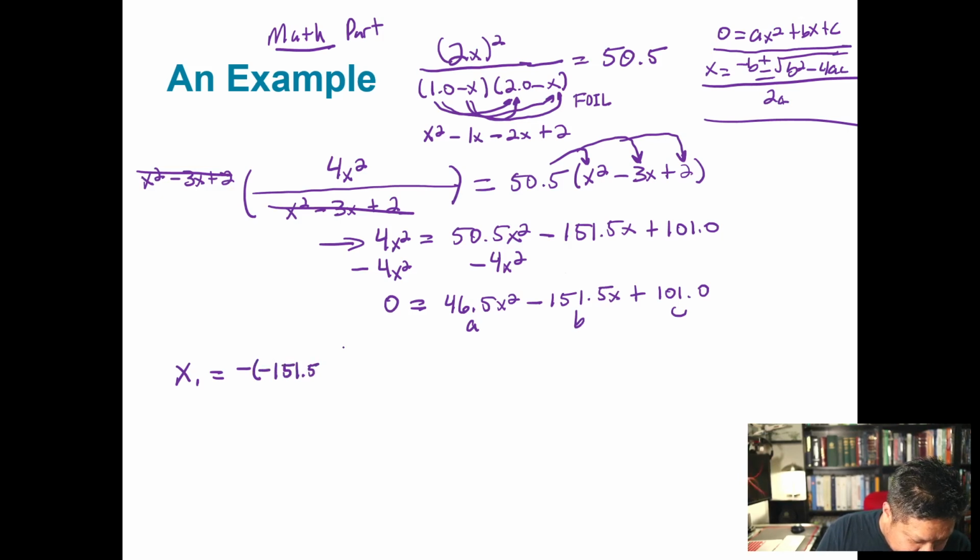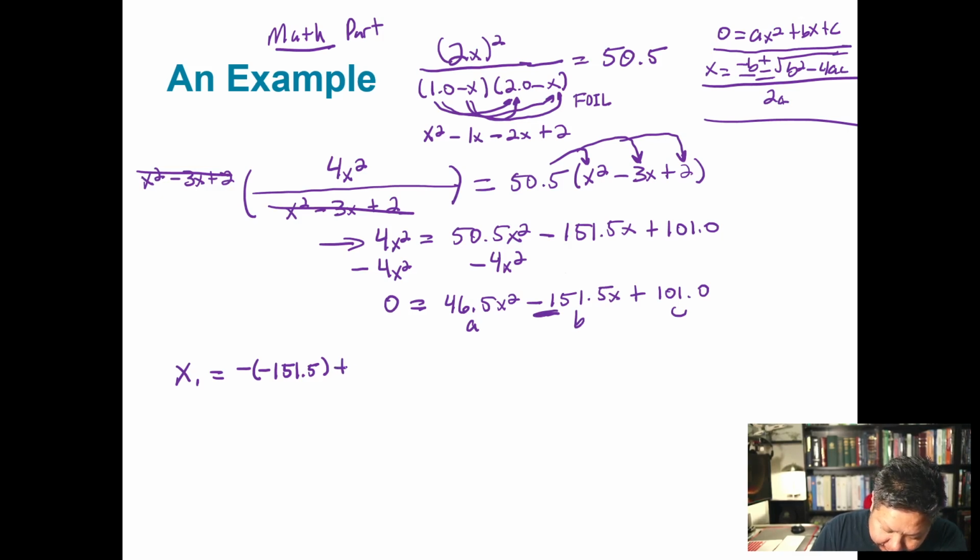Why do I do the minus? Because remember that the equation has a minus b right there, and then we already have a minus in the quadratic equation there, in this form of the equilibrium expression. So that's why it's minus, right?